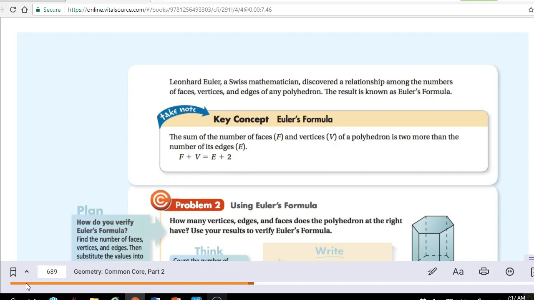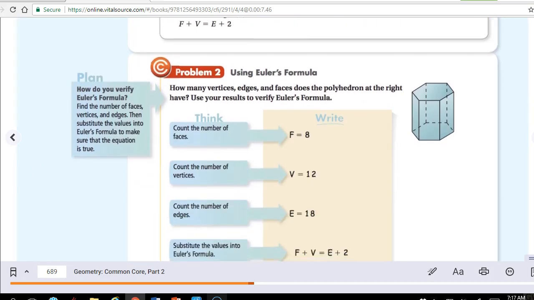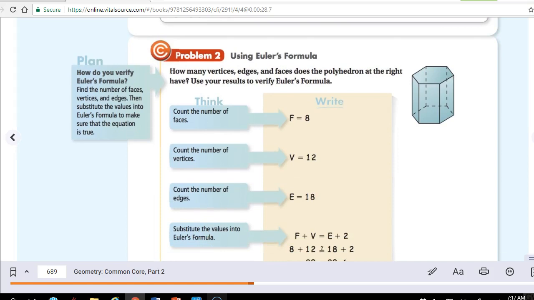So the formula, and Leonhard Euler, even though that looks like Euler, it's pronounced Euler, who was a Swiss mathematician, came up with this little formula: the faces plus the vertices is equal to the edges plus 2. Okay, so that's going to be a really important formula that we're going to use in this particular section. So let me pull this down a little bit and let's look at problem number 2.